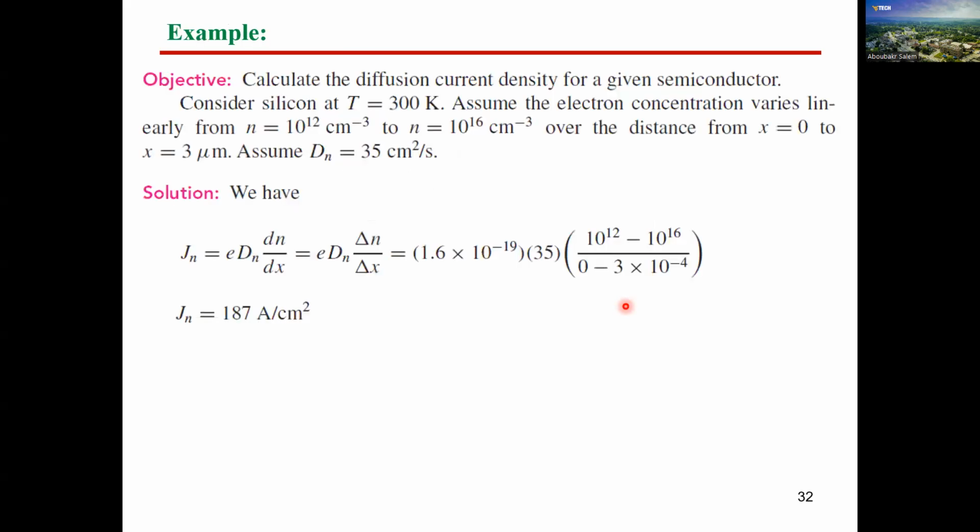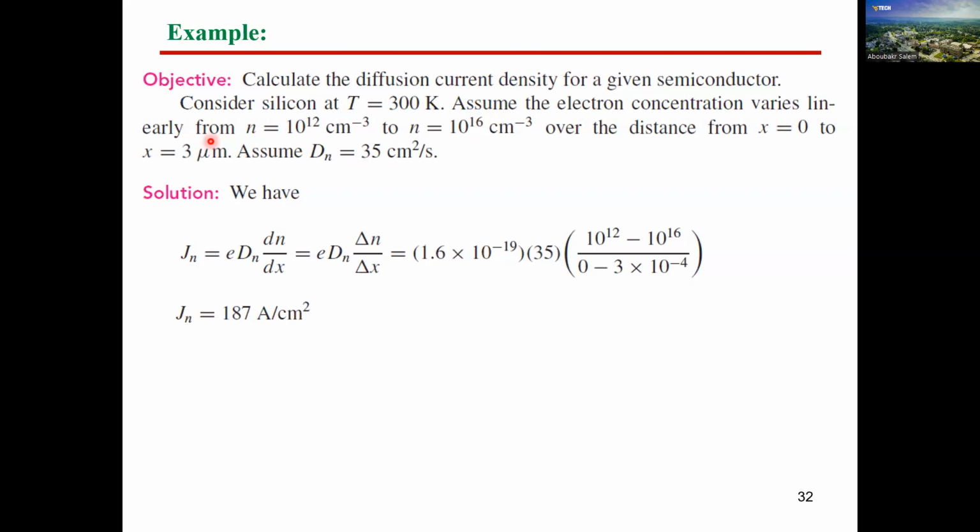Okay, guys, let's solve this example together here. So here, we need to calculate the diffusion current density for a given semiconductor material. So consider silicon at T equals 300 Kelvin and assume that the electron concentration varies linearly from n equals 10 to the power 12 to n equals 10 to the power 16.